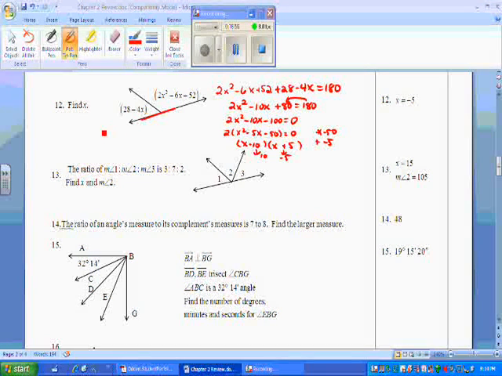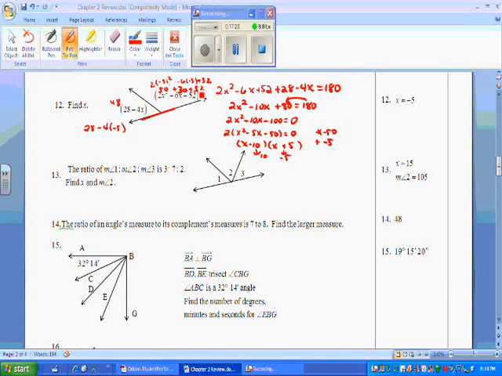So negative 5, when I plug it in: 28 minus 4 times negative 5. So this is plus 20, so that's 48. So that works. And we put 2 times negative 5 squared minus 6 times negative 5 plus 52. So this is 25 times 2, so this is 50. Negative times negative, that's positive, so that's 30.